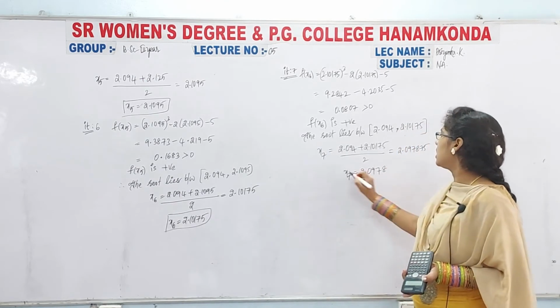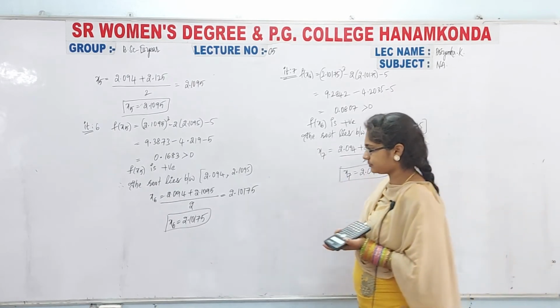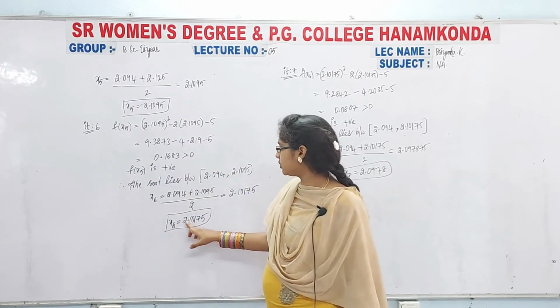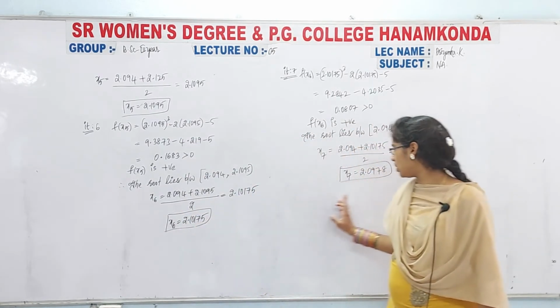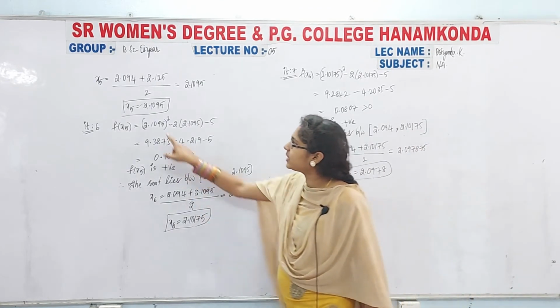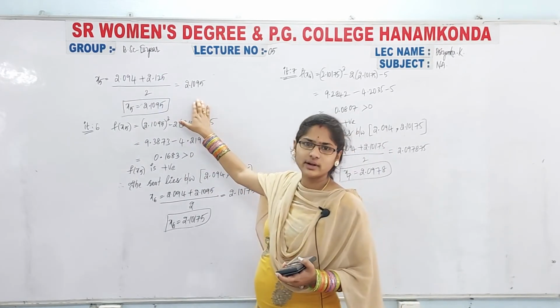So if you observe this x6 and x7, of course for x6 we have 2.10, and here 2.09. 10 means can I take approximately 2.1? Yes.